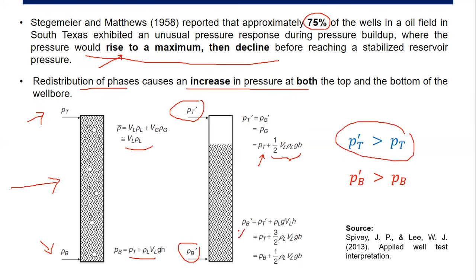And the new bottom hole pressure is the initial bottom hole pressure plus a positive value, which means the new bottom hole pressure is greater than the initial bottom hole pressure. And during the evaluation, we usually find it as pressure hump. So that's the second very important thing you need to know in pressure transient analysis.